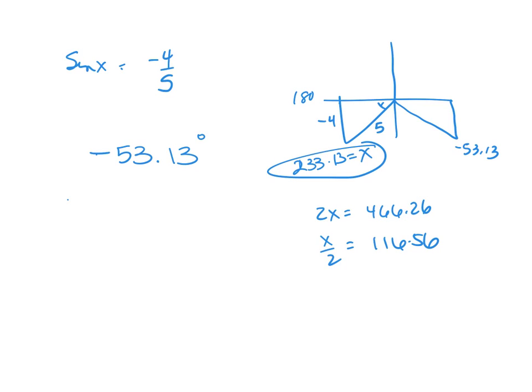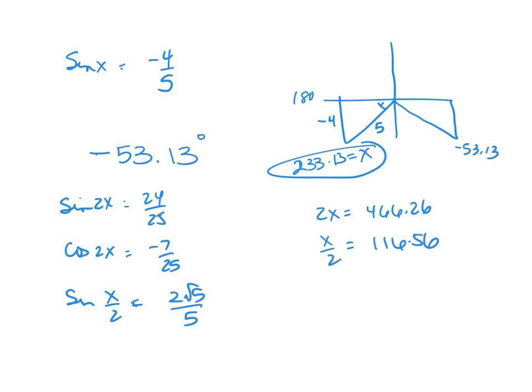What did I get for the sine of 2 theta? 24 over 25. What did I get for the cosine of 2 theta? Negative 7 over 25. What did I get for the sine of x over 2? 2 root 5 over 5. And what did I get for the cosine of x over 2?